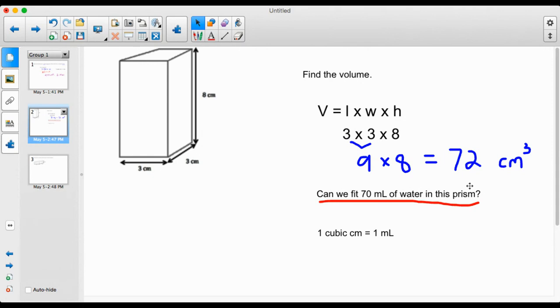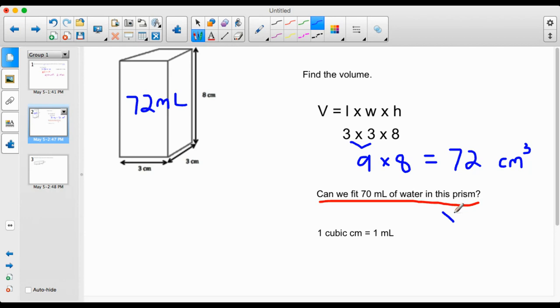So if I know that this holds 72 cubic centimeters, then this prism holds 72 milliliters. Can I fit 70 milliliters inside there? Yeah, because 70 is less than 72. So my answer here would be yes, we can fit 70 milliliters in there, just barely. We only have 2 milliliters to spare.